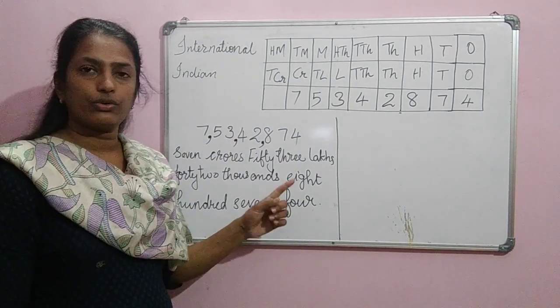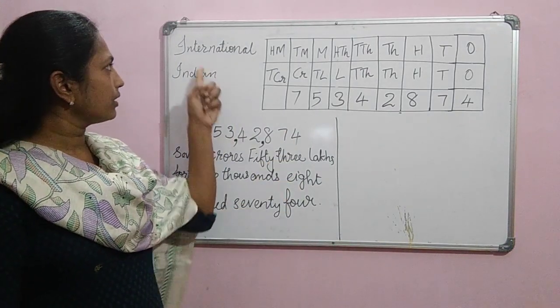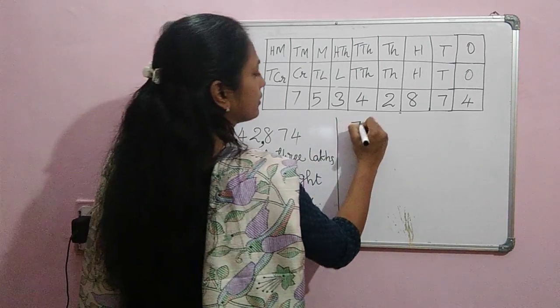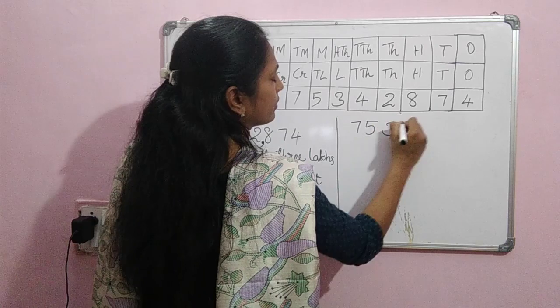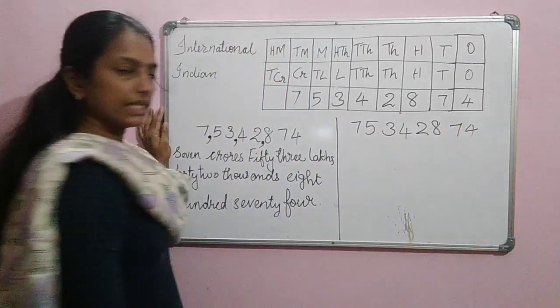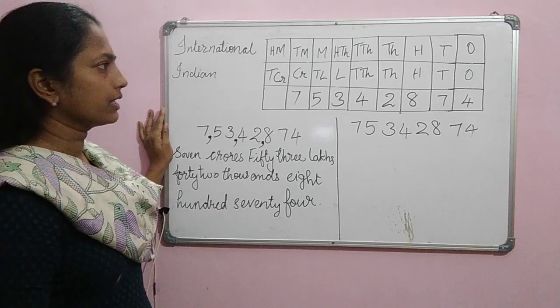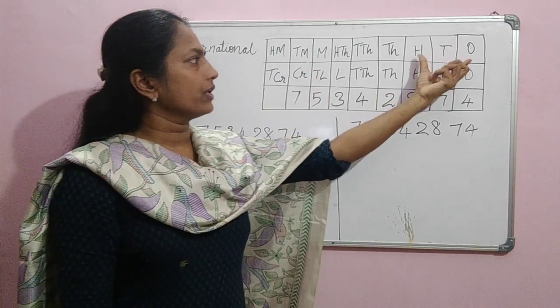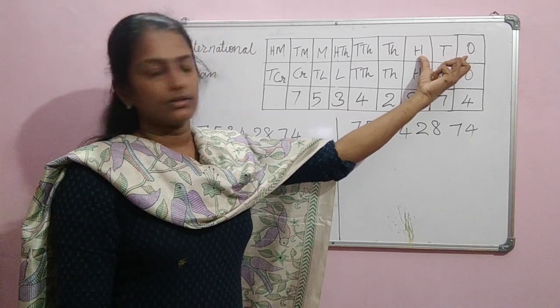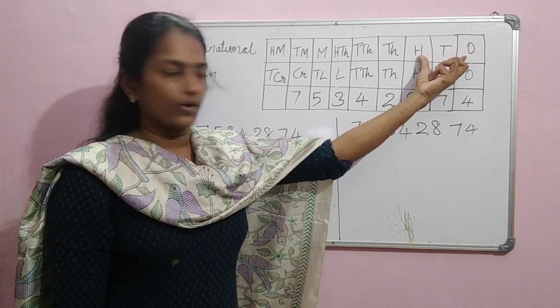Now let's see how to name the number in international system of numeration. First, let's put the commas according to the groups. In international system, the grouping is like this. Ones, 10, 100 comes together in ones group.